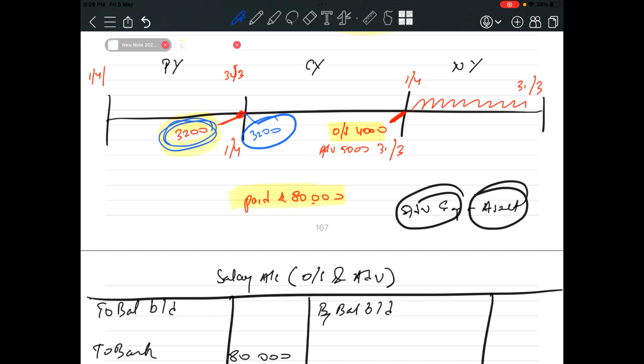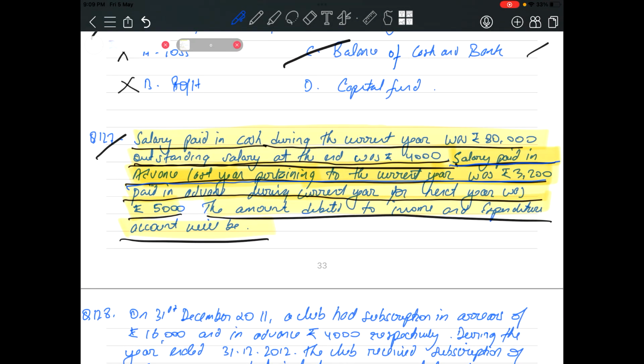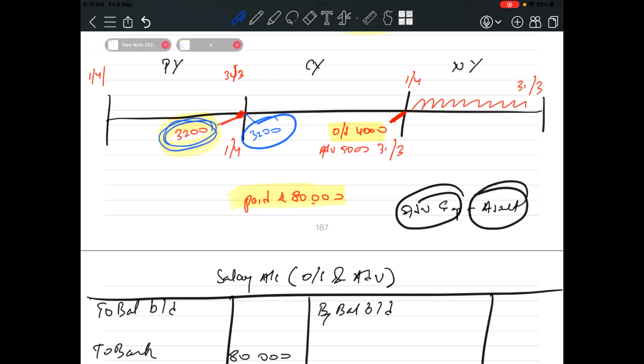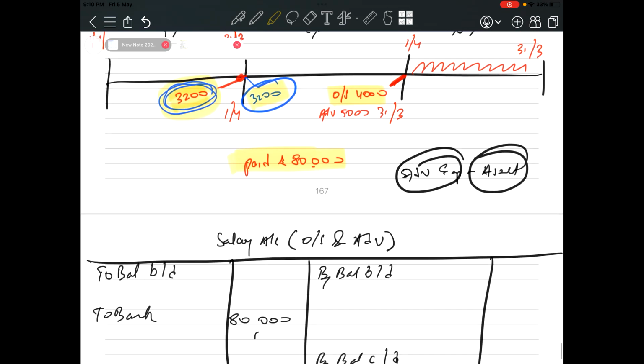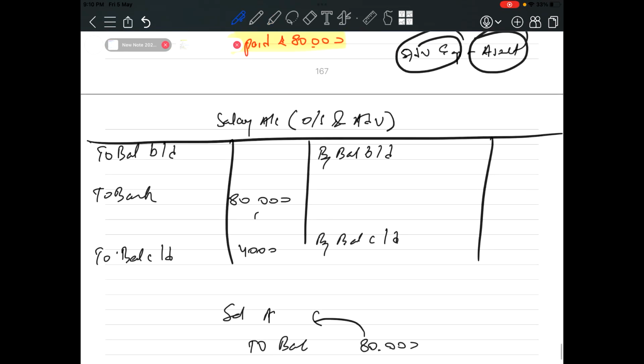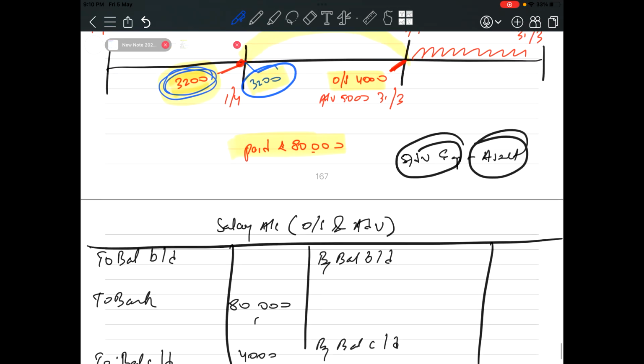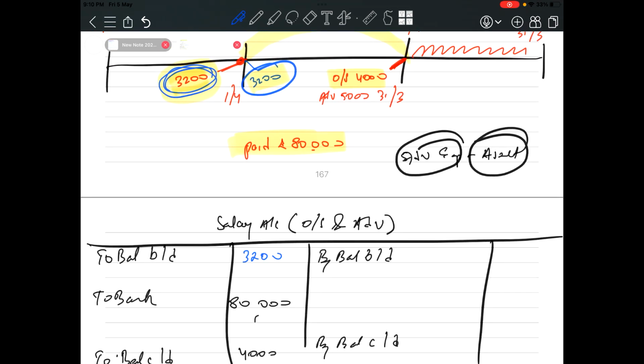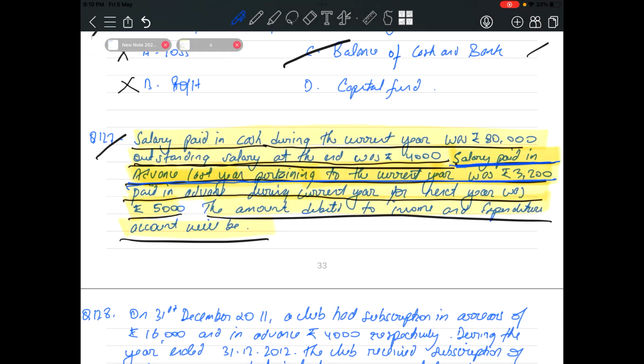This salary had to be paid in the current year, but we paid it in the last year only. So this is the opening balance of our current period. Advance salary is an asset, so it will go to the debit side, 3,200. I hope this is clear.